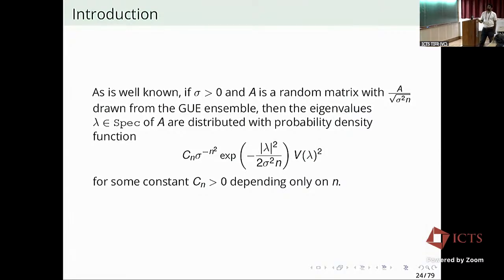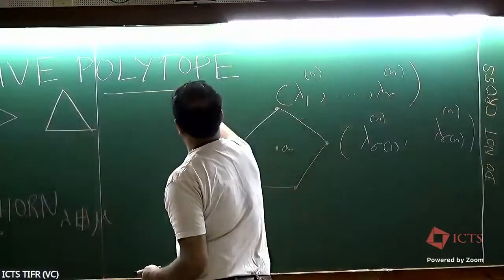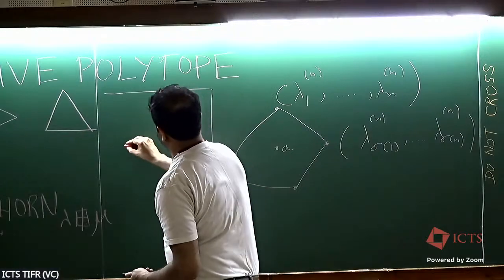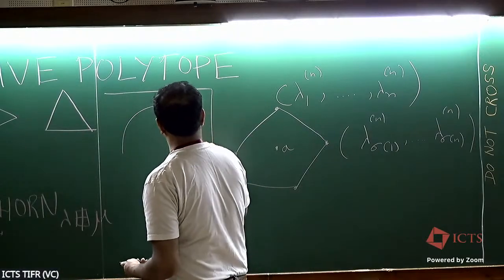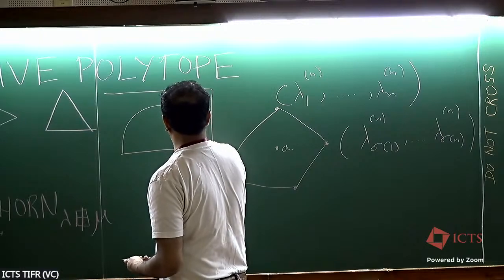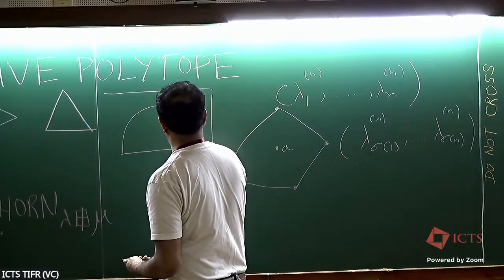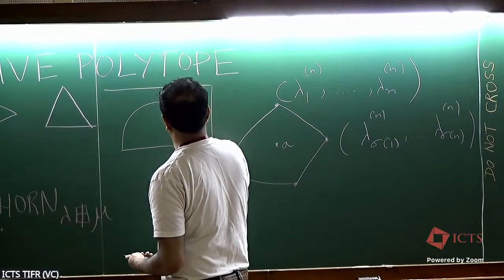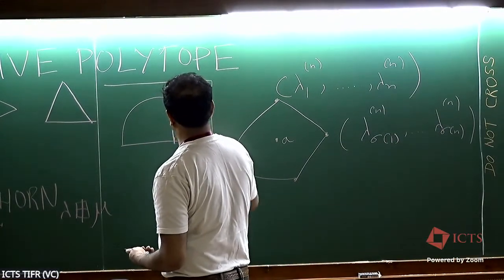So if you count the number of eigenvalues in a particular box, it is roughly given by what the semicircle predicts.